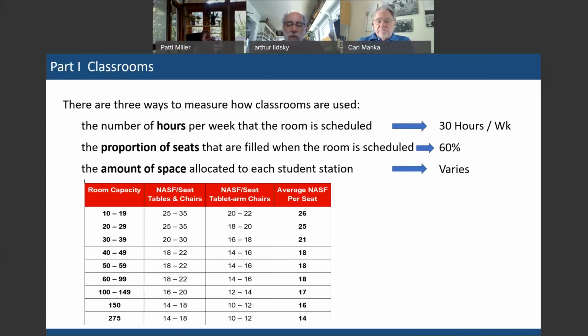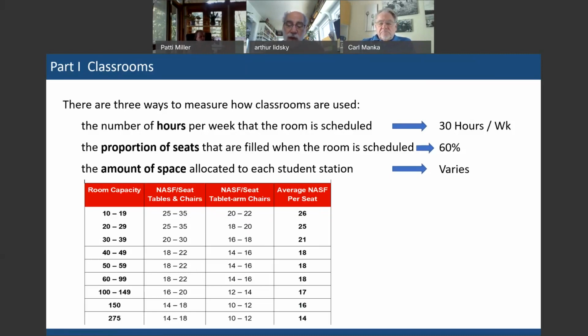And we're simply using, for this set of guidelines, the average between the two of those. So the last column on the right-hand side would be 26 square feet per seat on average for that category.